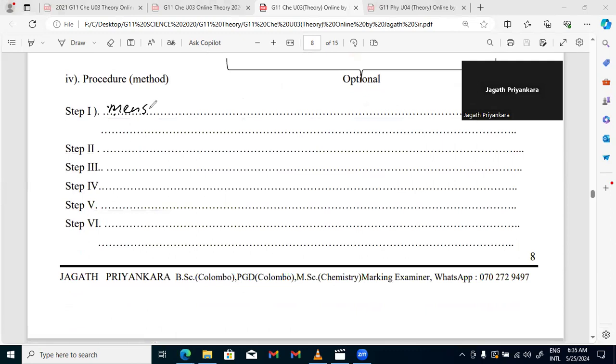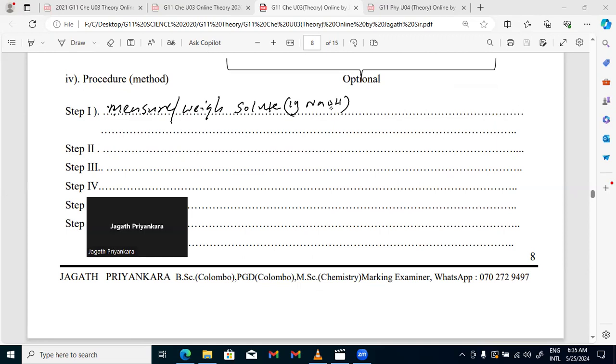Measure 1 gram of solute. I put just solute. What is the solute here? Within brackets I write 1 gram NaOH. For this practical we measure 1 gram NaOH accurately using what balance?